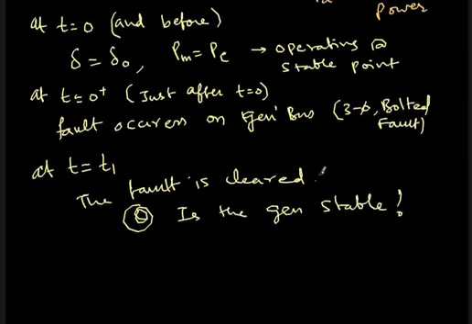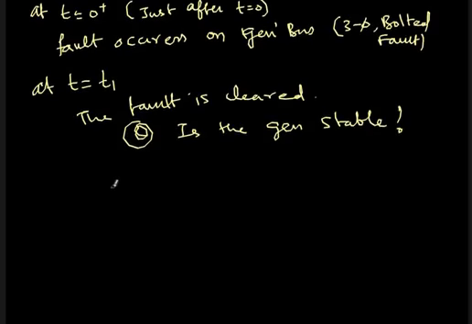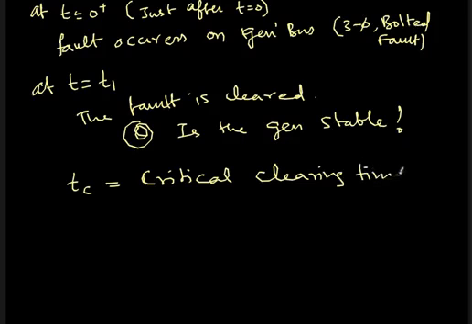At this point I would like to define TC. TC is the critical clearing time. Therefore, the fault has to be cleared before that time. If T1 is greater than TC, then unstable.